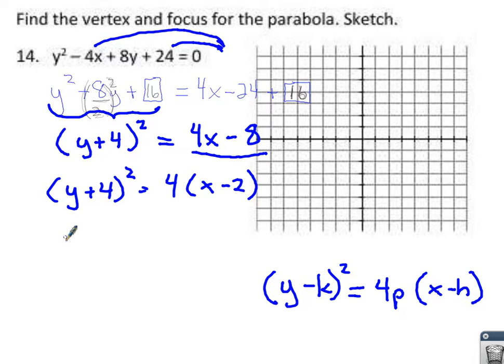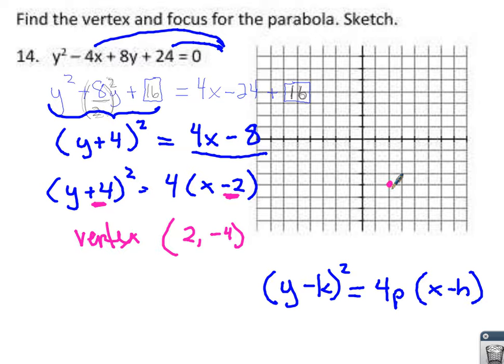I have a y plus 4 squared, I have a number factored out, and I have an x minus 2. Okay, so now to analyze my equation, I have my vertex at positive 2, because that's a minus, and negative 4, because that's a plus. So 2 right, 4 down. 1, 2, 3, 4.